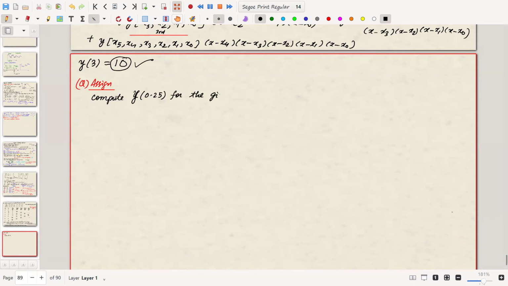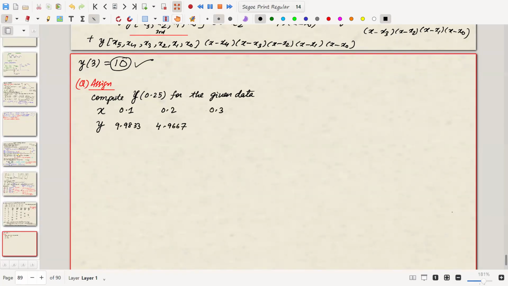Okay, you have x, you have y. For 0.1, the value is 9.9833. For 0.2, the value is 4.9667.